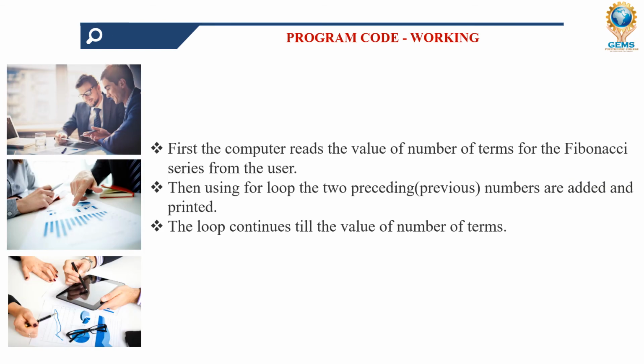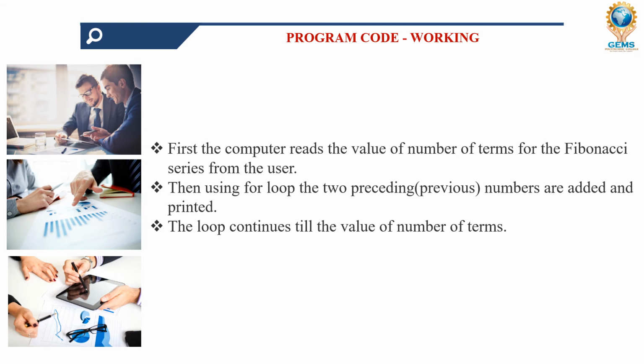Now we will see how this Fibonacci series is working. We have 3 points, and with the help of these 3 points I am going to explain how the program code works in the Fibonacci series. First, the computer reads the value from the user, that is the number entered by the user.